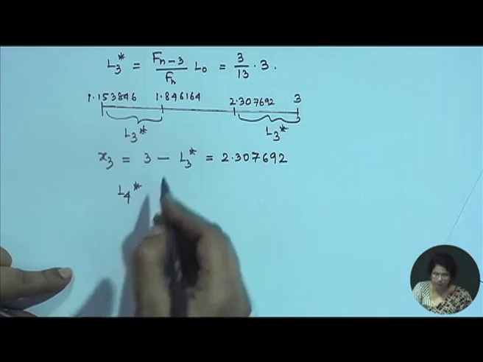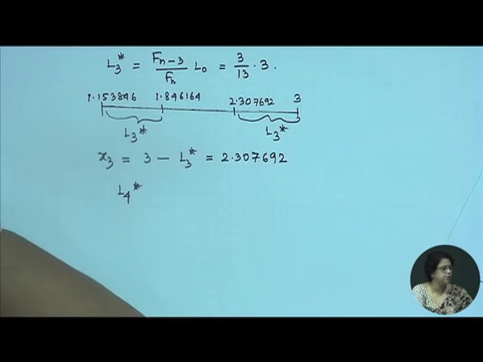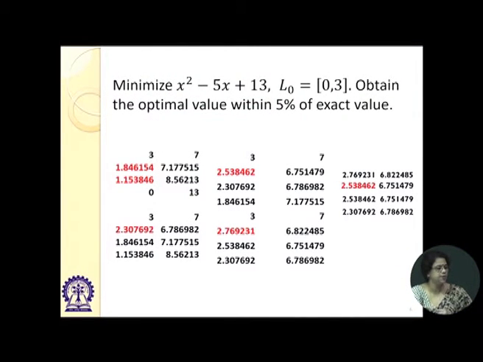Again I will find out the values. I will show you all the values together. Now, from the first, we were discarding from 0 to this one because this was the higher value for me.